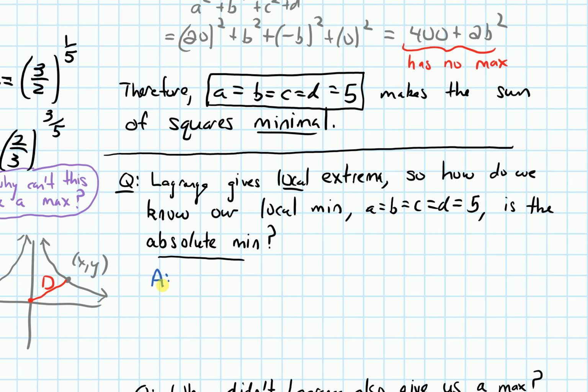So the answer to this, and this ties into a question I had posed in the previous video, is to think about, well, what if this wasn't the absolute min?